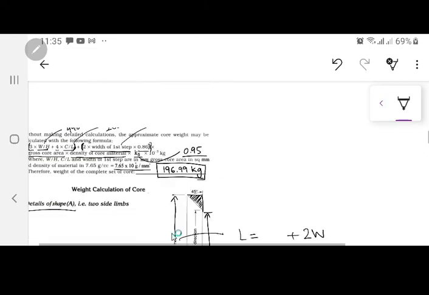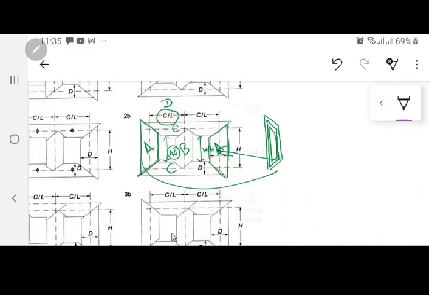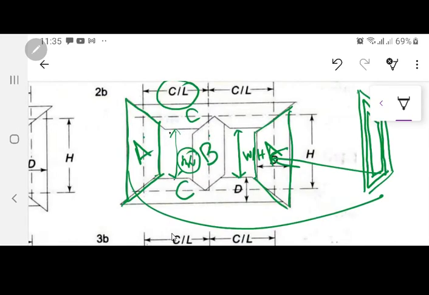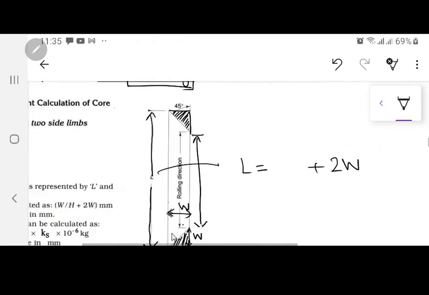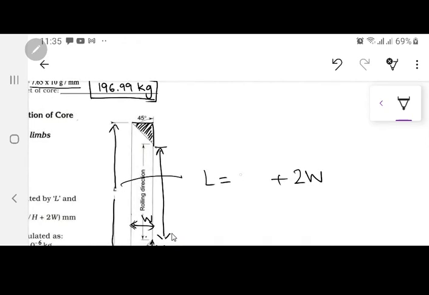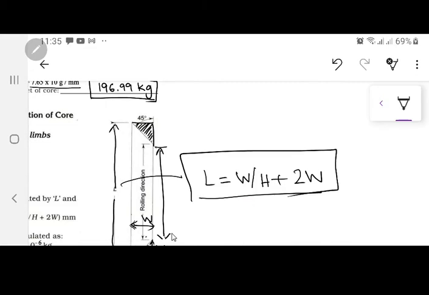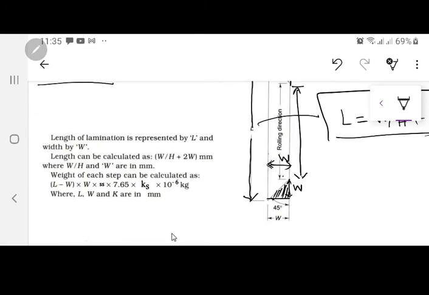If I go back on the diagram from where we started, I told you this distance is equal to the height of the window. So L is going to be equal to H_W plus 2W. So for each value in the table, you are going to find W, the height of the window plus 2W, as the length.